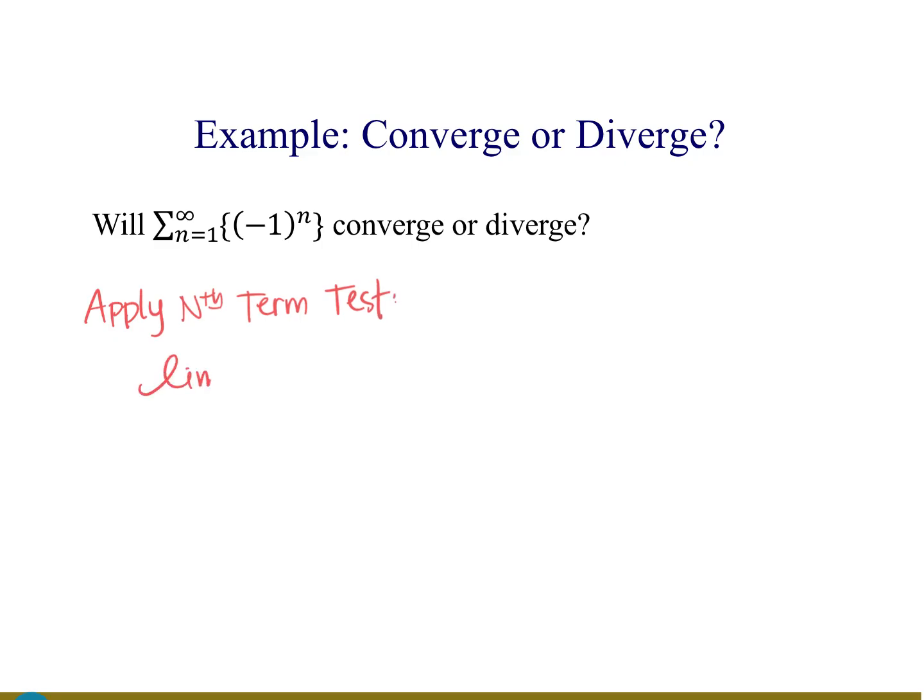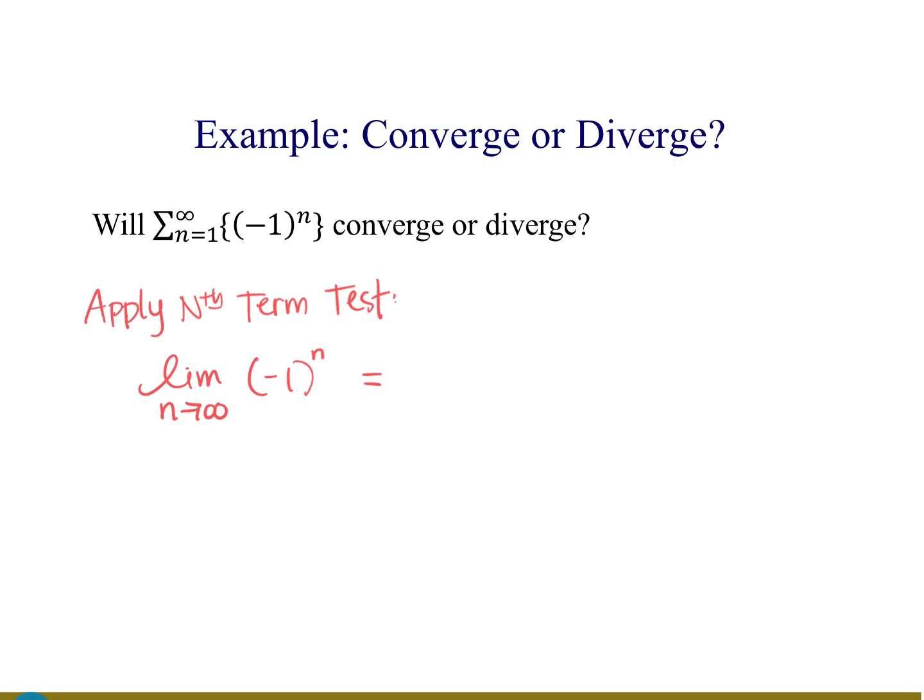In the nth term test, you take the limit of the last term, which would be -1 to the n, as n approaches infinity. What is the result of -1 to the n as n approaches infinity?